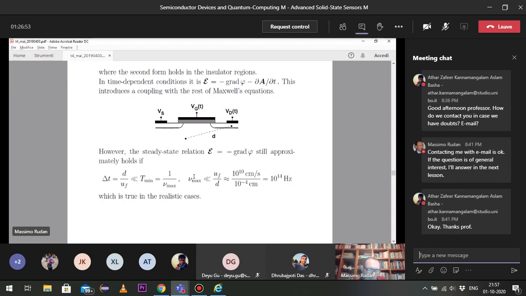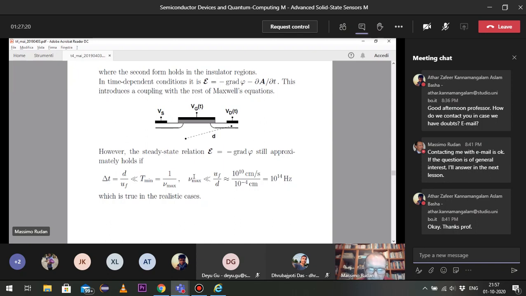Another possible choice is taking D equal to the thickness of the silicon wafer. Okay, the thickness is about 0.5 millimeter. But this is also nonsensical, because in the bulk of the silicon wafer there are no electric phenomena of interest.